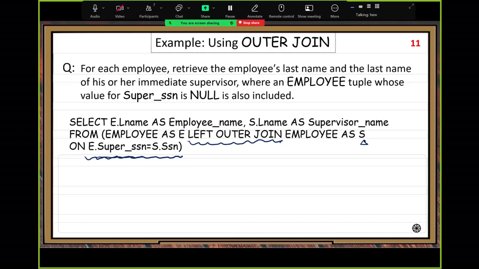So here you can see the null value is useful. The null value combined with the outer join is useful. Although from the question statement you cannot see the null value or the outer join, you can use that way.